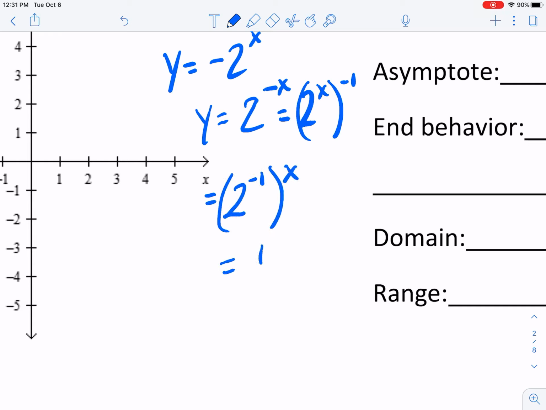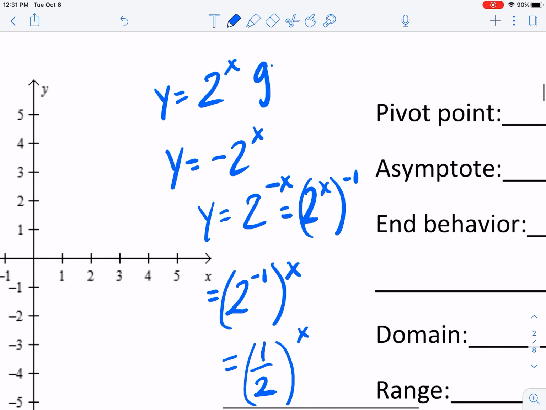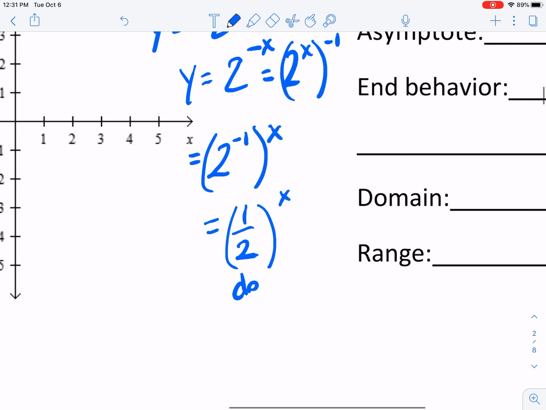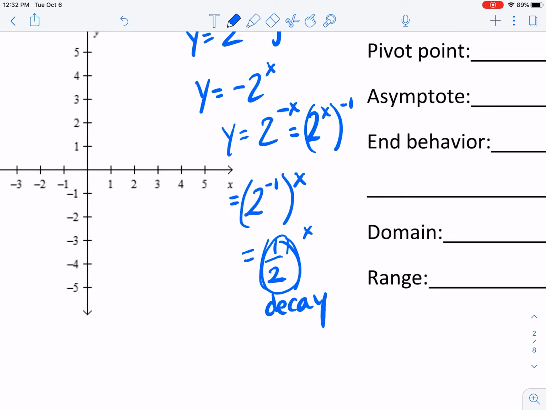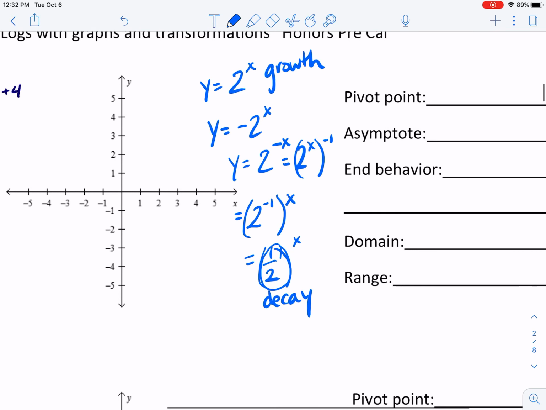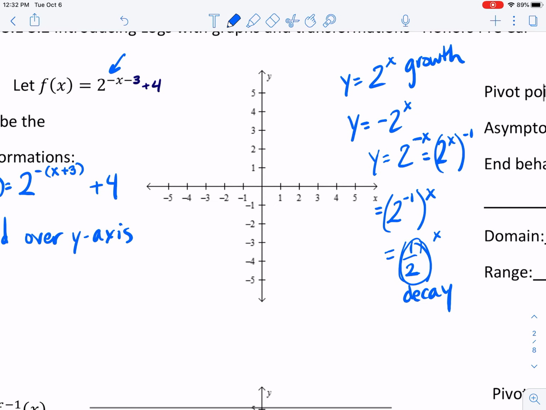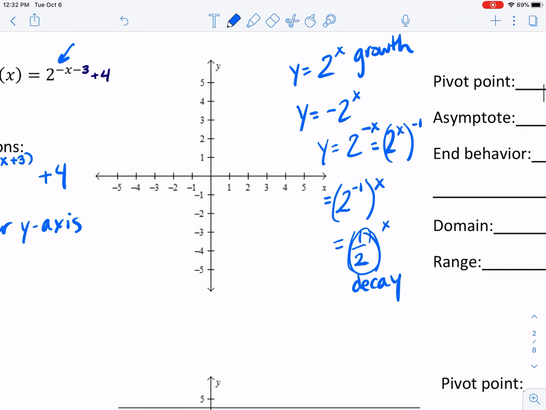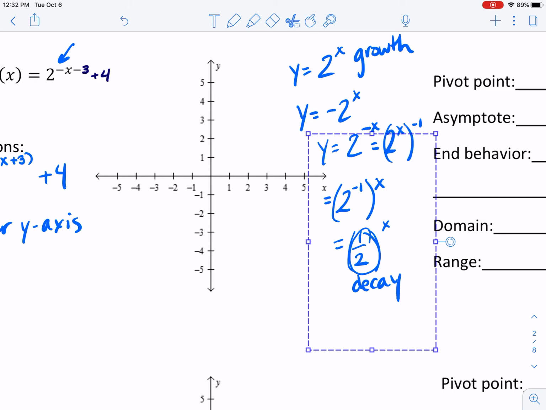Well, 2 to the negative 1 is 1/2, and so this is now 1/2 to the x. The parent function was a growth, and this is now a decay because the a value is less than 1. That's why it's decay. So that's one way, if I forget which I obviously did, what my reflections do, which negative gives me which reflection, that's what I like to think about.